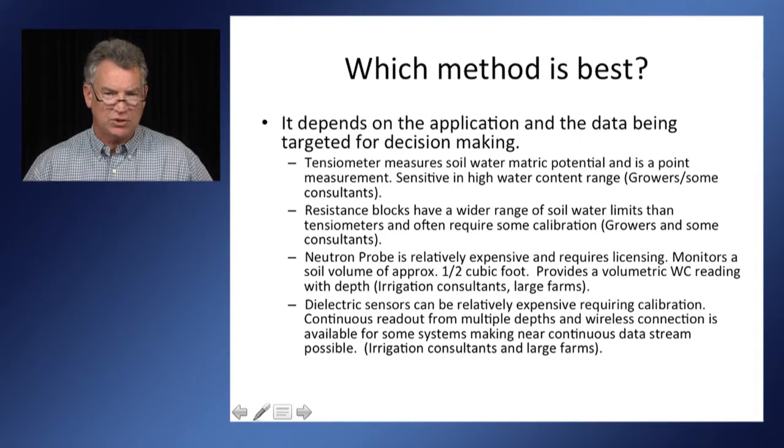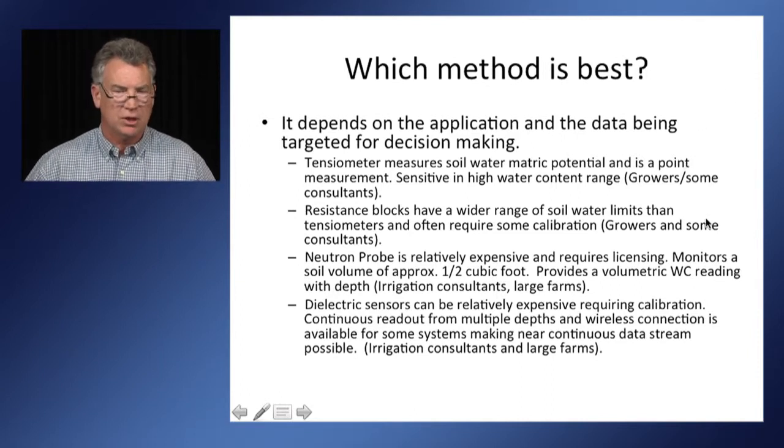It's fairly sensitive in high water content ranges. However, with permanent crops and other agronomic crops where a significant dry down occurs in the soil water, the measurement is basically no longer available after about 90 centibars. And so you need to use these in very moist conditions.